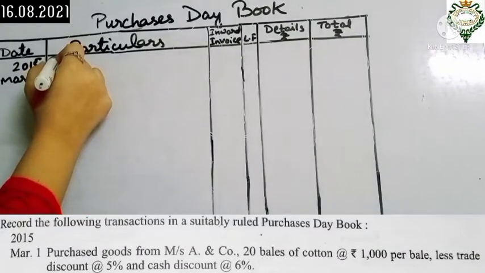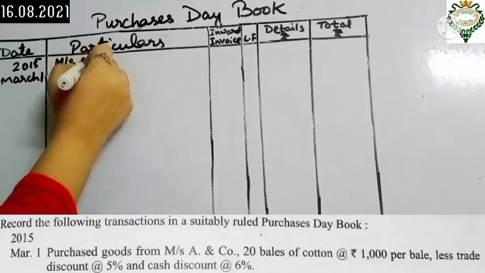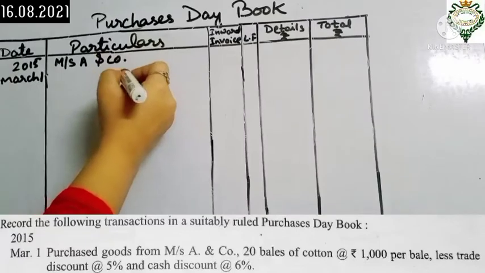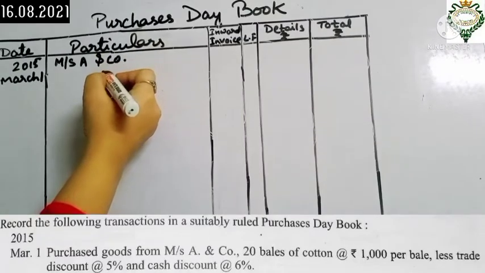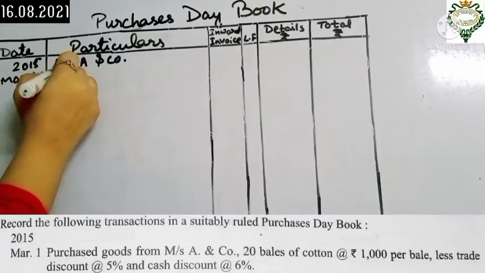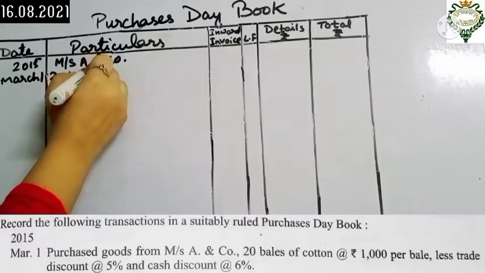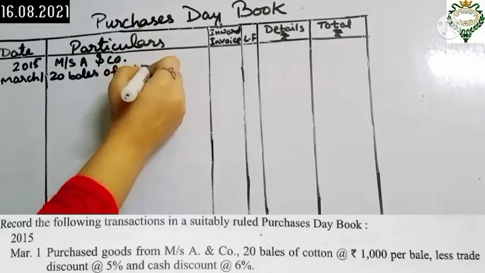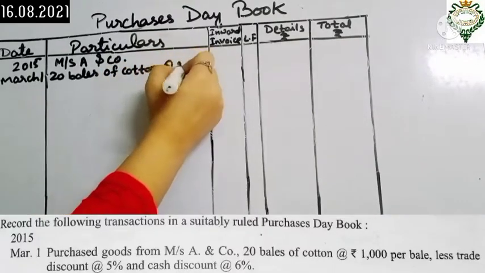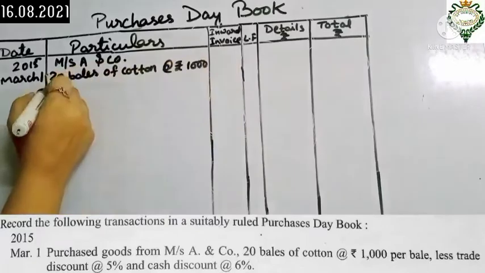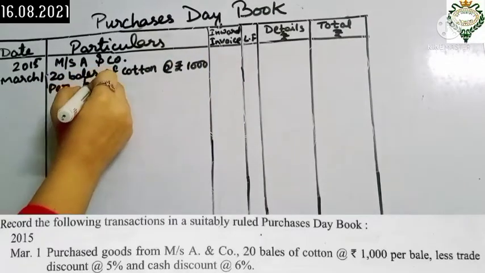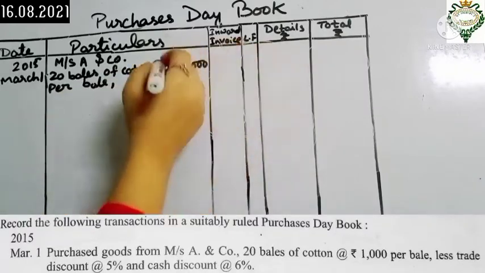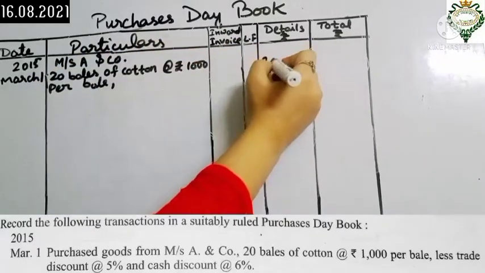So we have to write here MSA and Company, 20 bales of cotton at ₹1,000 per bale. So the amount will be 1000 into 20, which is 20,000.